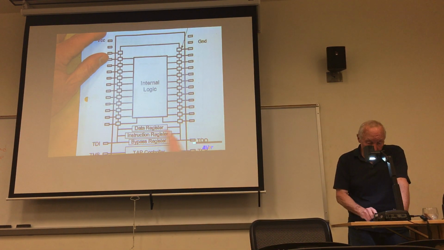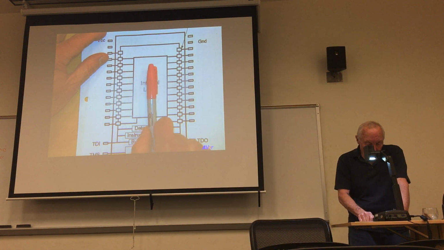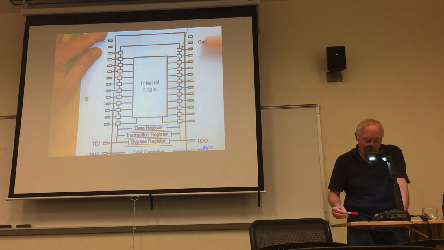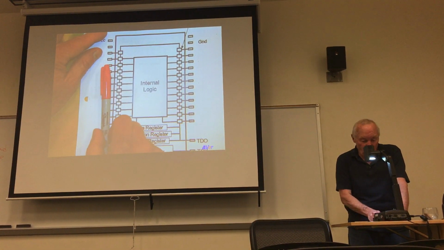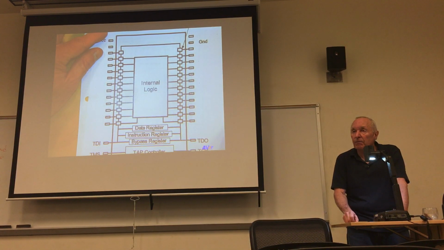So, if I want to load these registers to use this thing in normal operation, for the sake of simplicity, assume these are inputs and these are outputs. I would use the parallel in to parallel out mode to use the chip in the normal operational method.